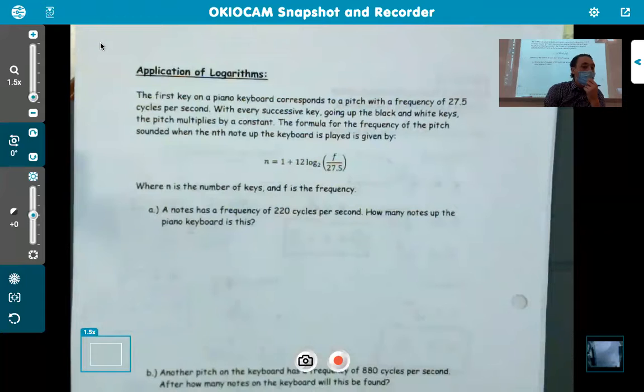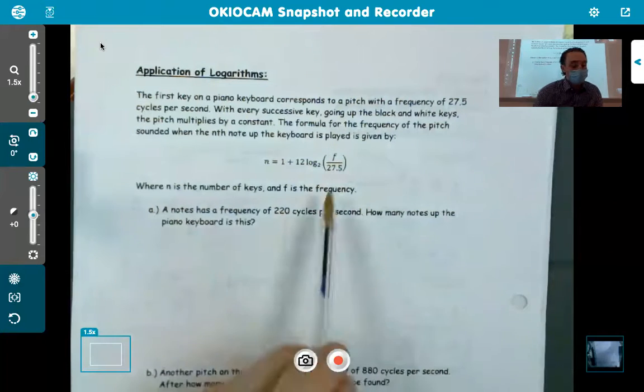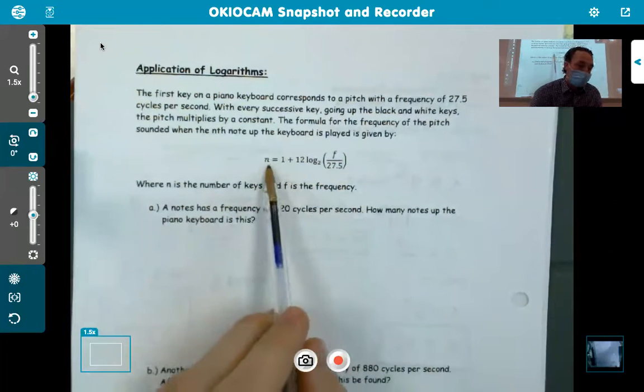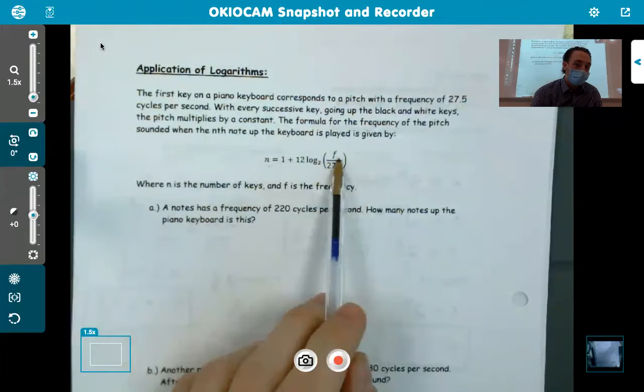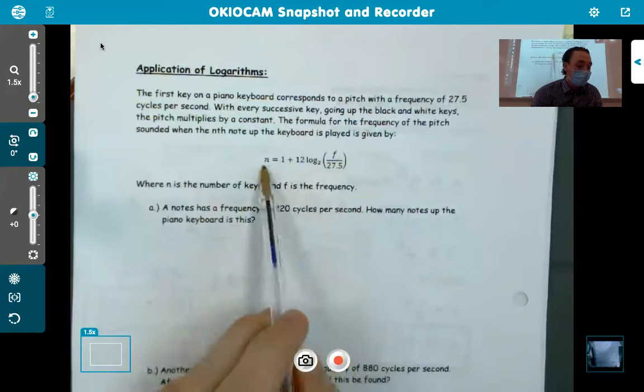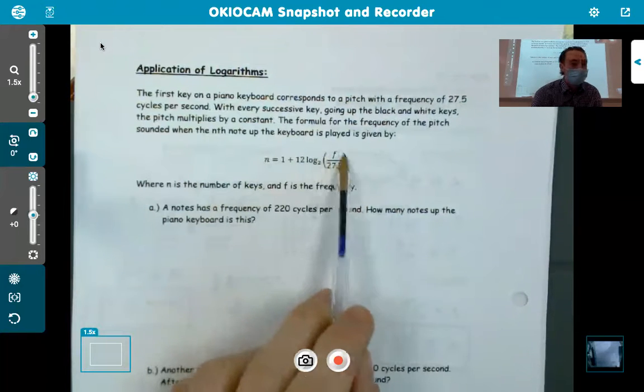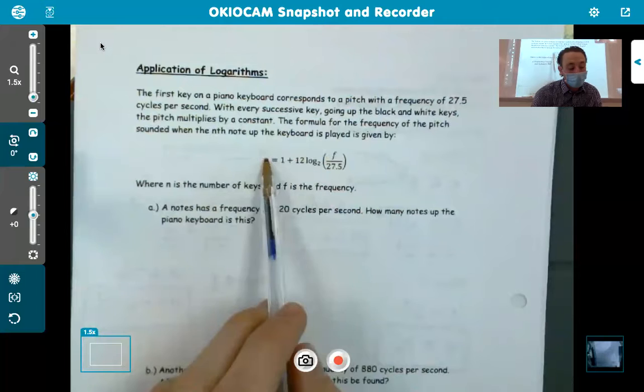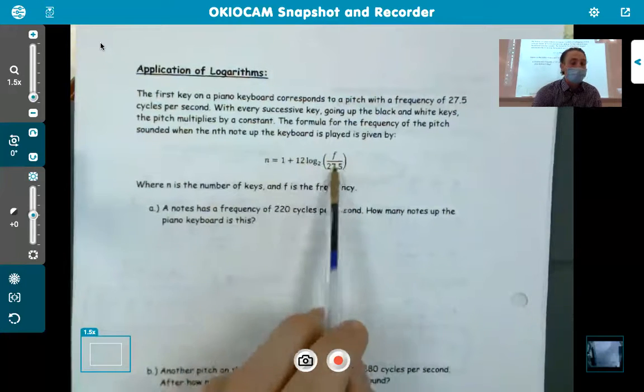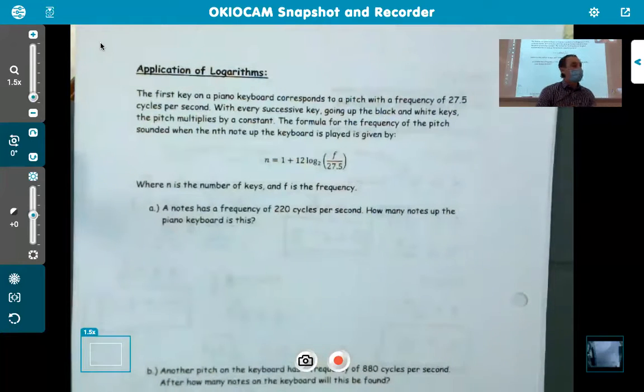I have 1 plus 12 log base 2 of f divided by 27.5. There's a lot going on there. Essentially, how we could break this down is the number of keys is n and the frequency is f. So if we know a frequency or we understand what key we're dealing with, we'll be able to use this equation to solve for either of those two variables.